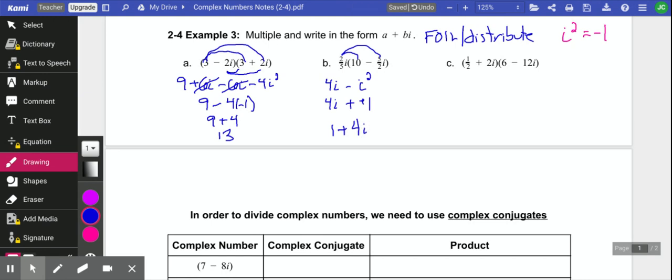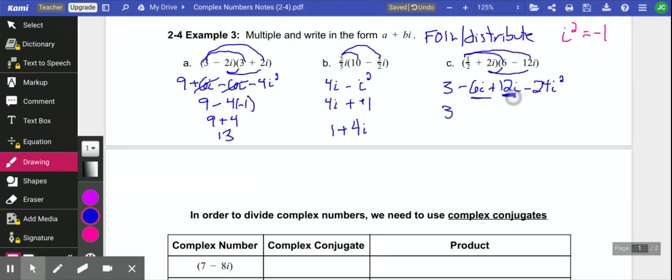All right, let's do one more of these FOIL problems. So 1/2 times 6 is 3. 1/2 times -12i is -6i. 2i times 6 is plus 12i. And 2i times -12i is -24i squared. All right, so we have 3.